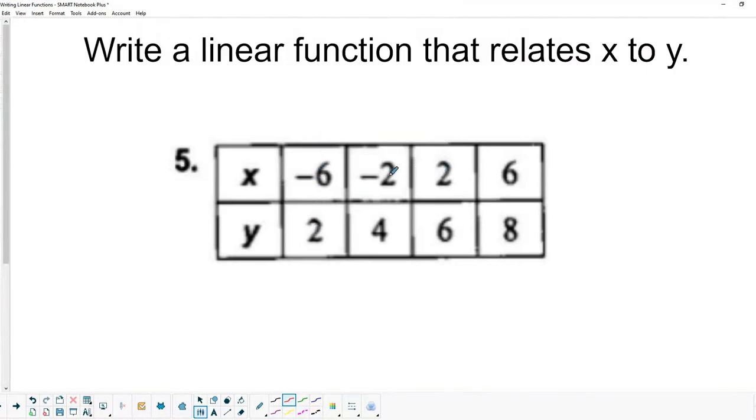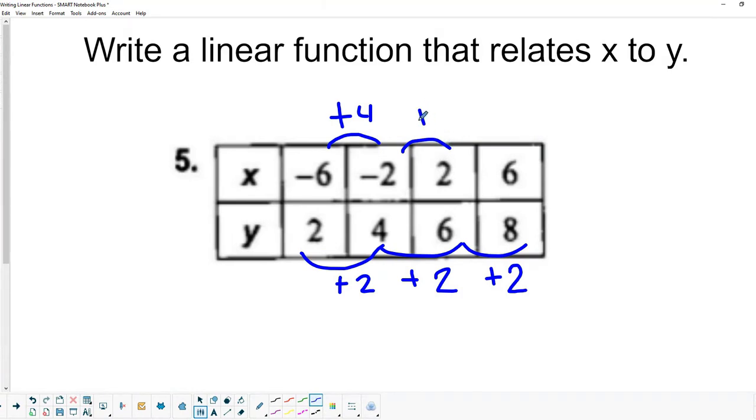It looks like in the y direction, we're jumping up by 2, up 2, up 2, up 2. In the x direction, to go from -6 to -2, that's a bump of 4. To go from -2 to 2, that's another bump of 4. And to go from 2 to 6, that's another bump of 4.